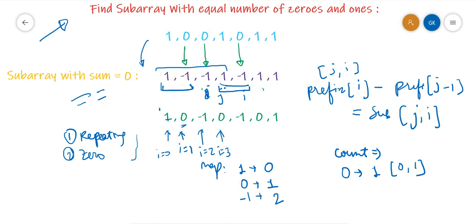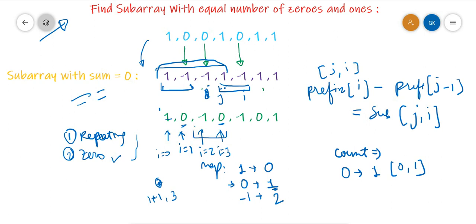And so I equal to 3 is 0, so that means there exists a subarray from the starting till that index which is having subarray sum 0, and so this was satisfying this condition, and it is now satisfying the repeating condition as well. So 0 was present at 1 index, so there exists a subarray from 1 plus 1 till the current index.